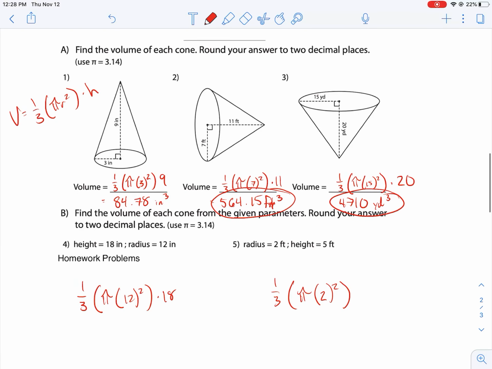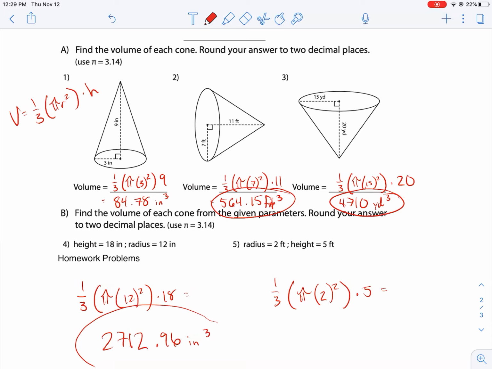I see what you did there. And that's going to be a 5. Careful, watch where you're putting your information there. As you can see, I almost just screwed up there. So 12 squared times 3.14 times 18 times 1/3, and you get 27.96, and this is inches cubed.